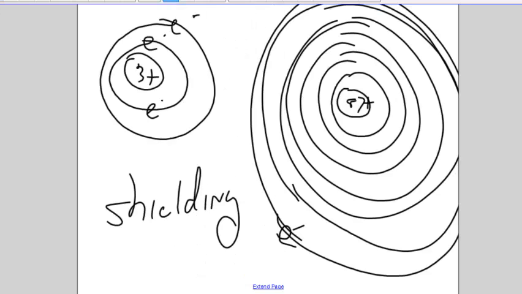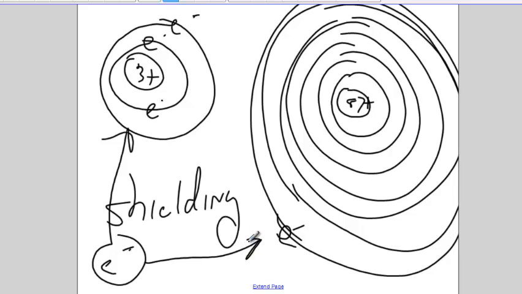As I go down, now I've got this electron on the outside. It's actually more likely to be attracted here than it is to be attracted here. And again, it's about that attraction to the nucleus. This nucleus isn't nearly as strong a positive charge, but it's a lot smaller. By the time that 87+ gets out here, there's very little of it to attract that electron in.